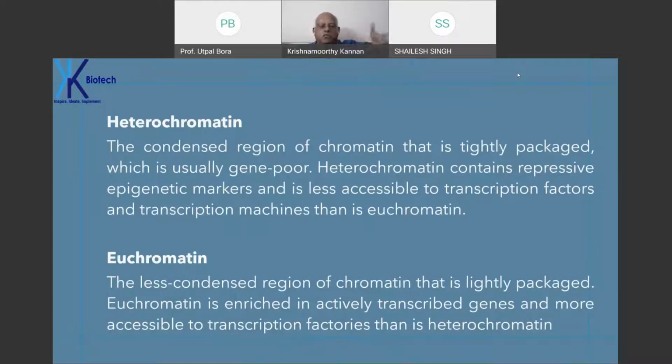Euchromatin is the less condensed region of chromatin that is lightly packed. So you will see that chromosomes like 15, 16, 17, 18 will be missing, because 18 doesn't have many genes. That will be more in the heterochromatin. 19 does. So people have seen that these genes sit together in the center of the nucleus, and they are more accessible to transcription factors than heterochromatin.